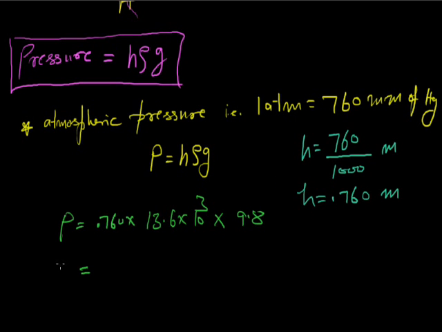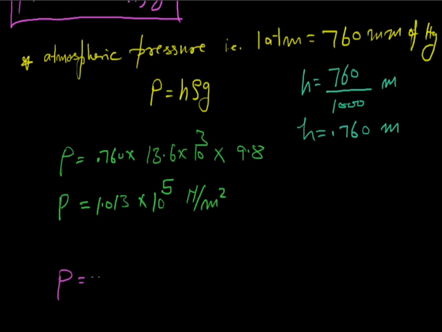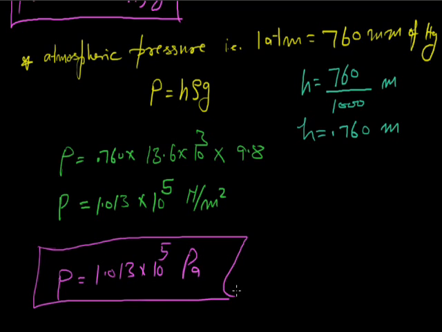It is equal to 1.013 into 10 raised to the power 5 Newton per meter square, that is equal to Pascal, so P is equal to 1.013 into 10 raised to the power 5 Pascal. We can calculate the atmospheric pressure in terms of the SI system. Pascal is the unit of pressure.